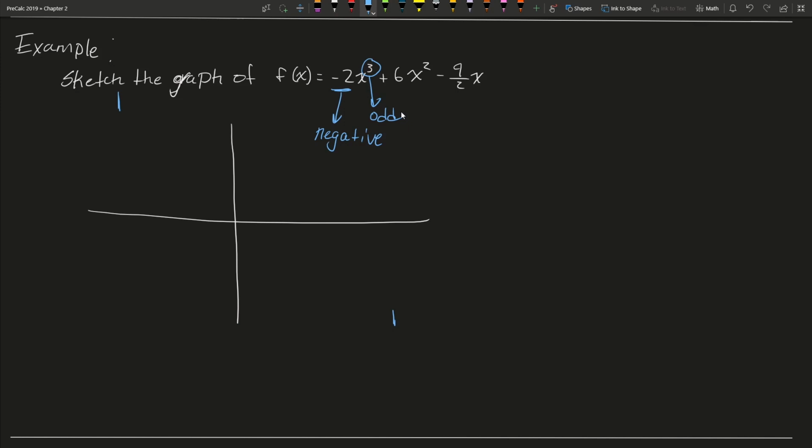In order to fill in the blanks, we can do a little bit of factoring and find the zeros. The greatest common factor between all of these things is going to be negative 1/2 x. If we pull negative 1/2 x out of everything, we will end up getting 4x squared minus 12x plus 9.